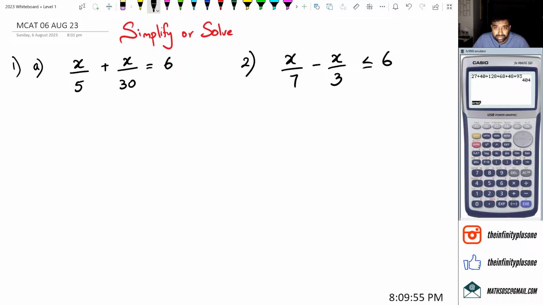So yeah, these are the types of questions we're going to be looking at today, guys. And then we'll probably go into a little bit more challenging if you guys are finding these questions a little bit too easy. So with question 1a, do you guys want me to go through the answer first and then give you a different type of question? Or would you like some time to just have a go by yourself?